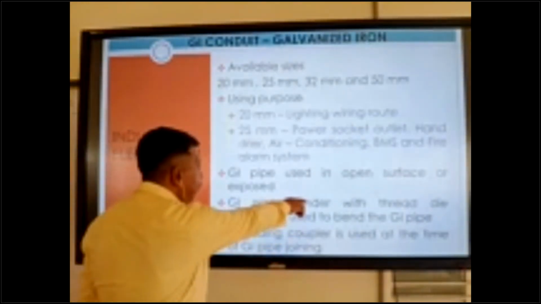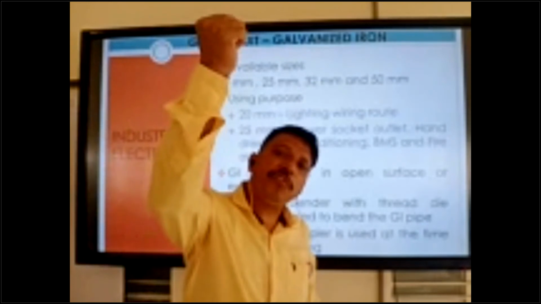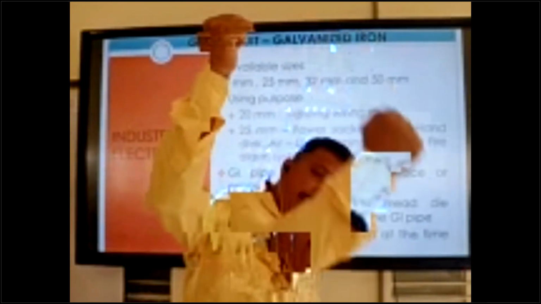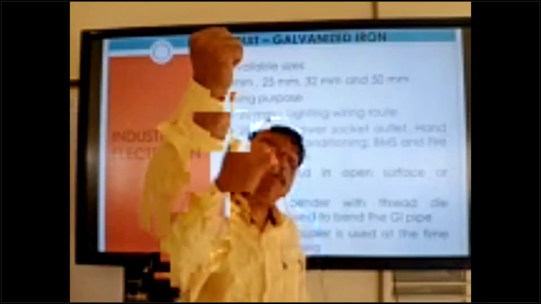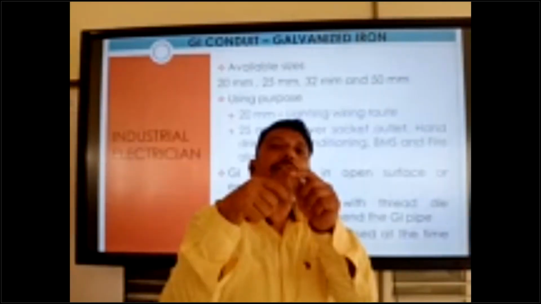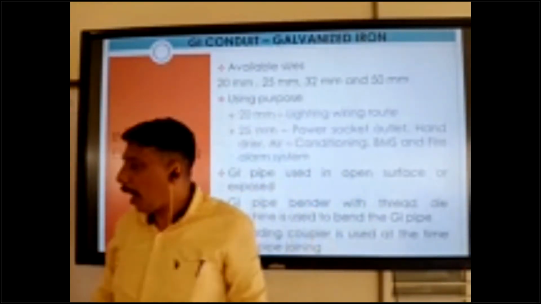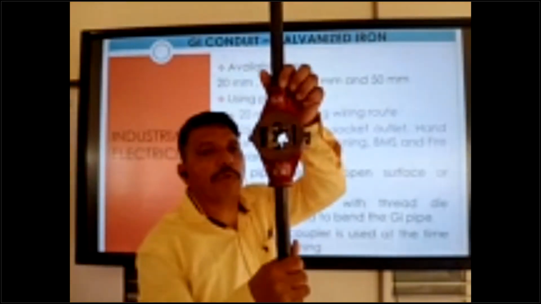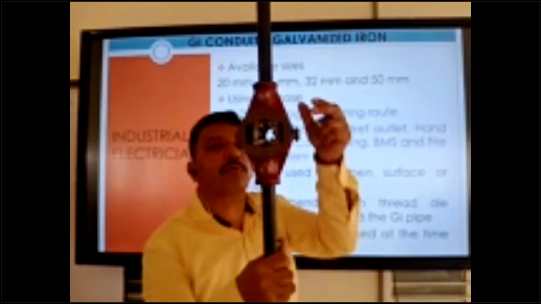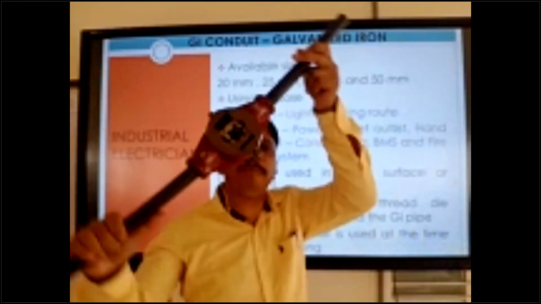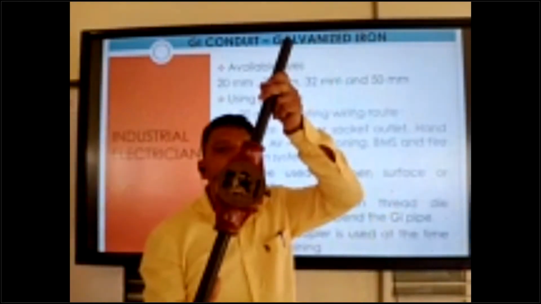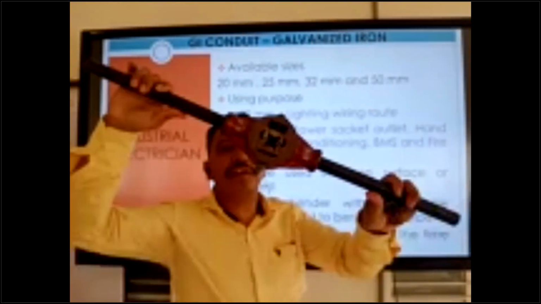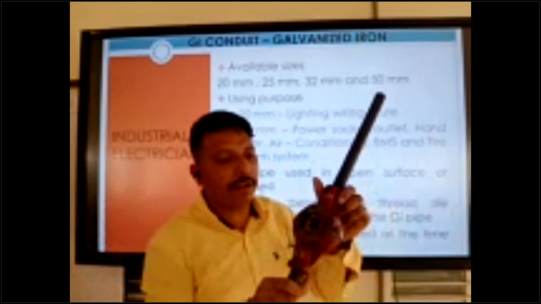In bending time we can use a threading machine to make the thread. We have the thread machine also. We can make the thread in GI pipe through this threading machine by hand, only 20 and 25, so it is very easy to make the thread.